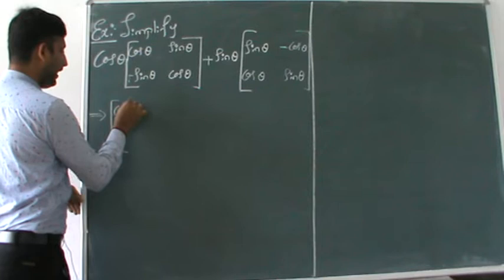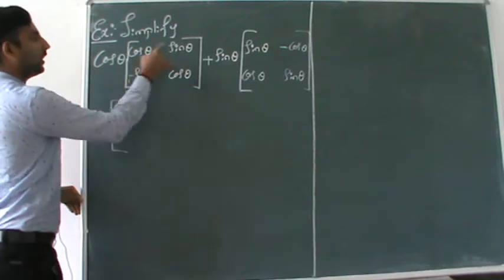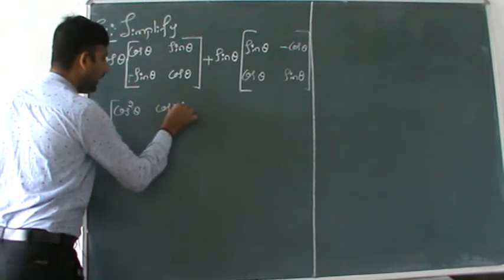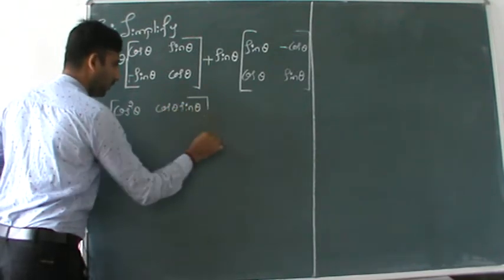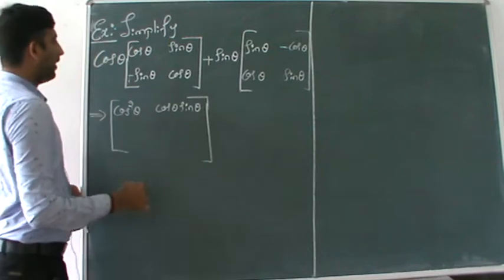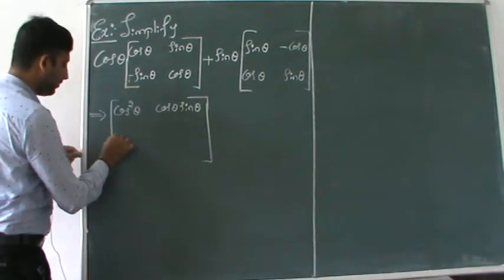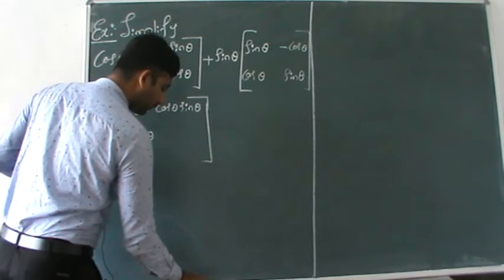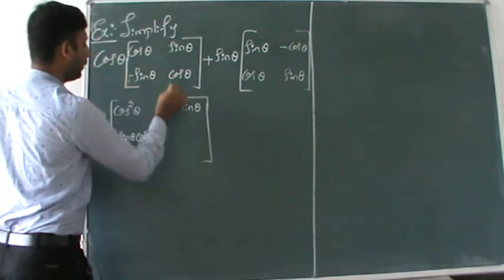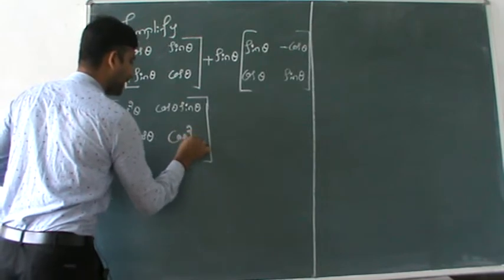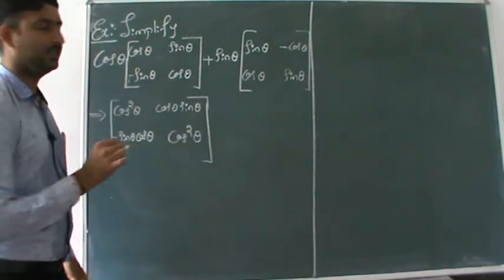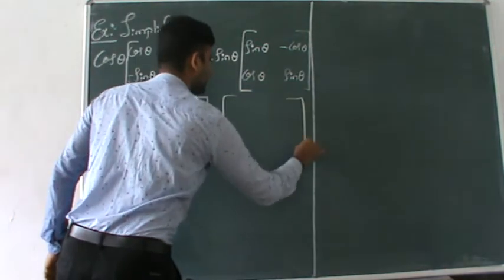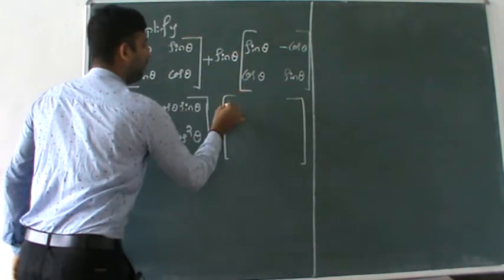Now our job is first to multiply cos theta into the inner element, that is cos square theta. Correct? After that, cos theta into sin theta becomes cos theta sin theta, not positive or negative, only multiplication. After that, cos theta into minus sin theta becomes minus sin theta cos theta. After that, sin into cos becomes cos square theta, plus sin into sin becomes what?